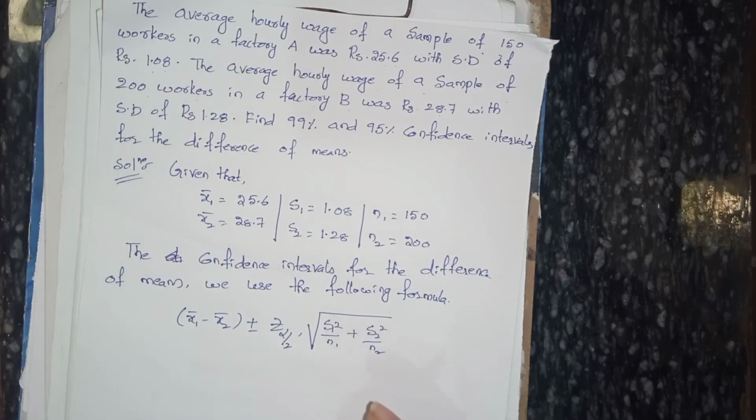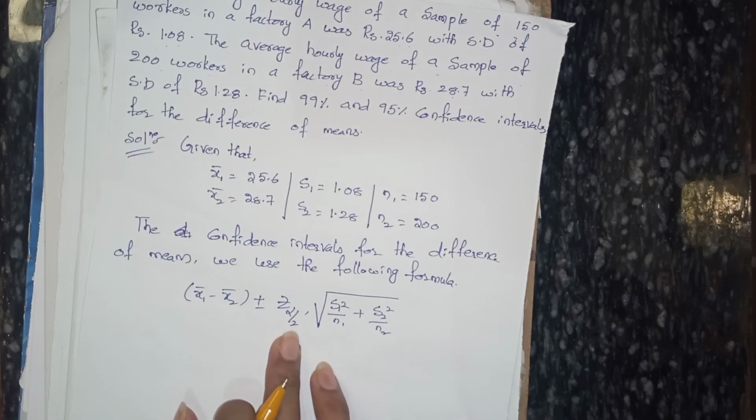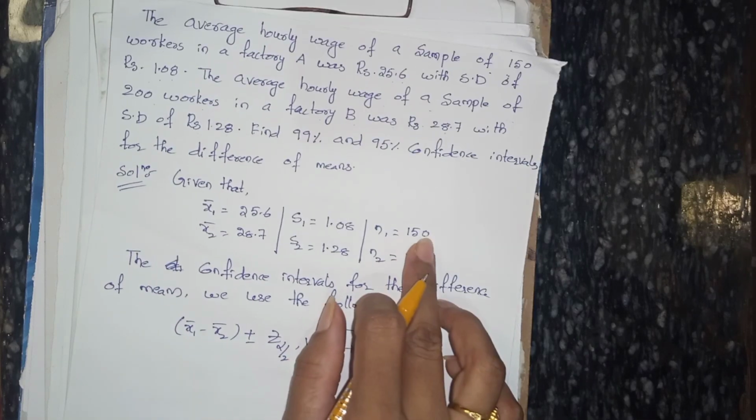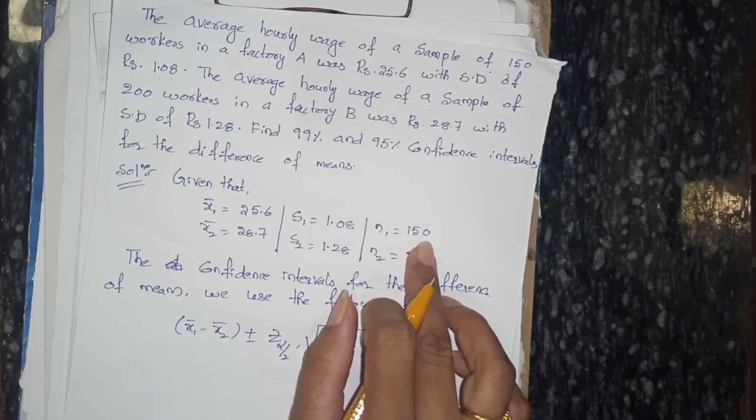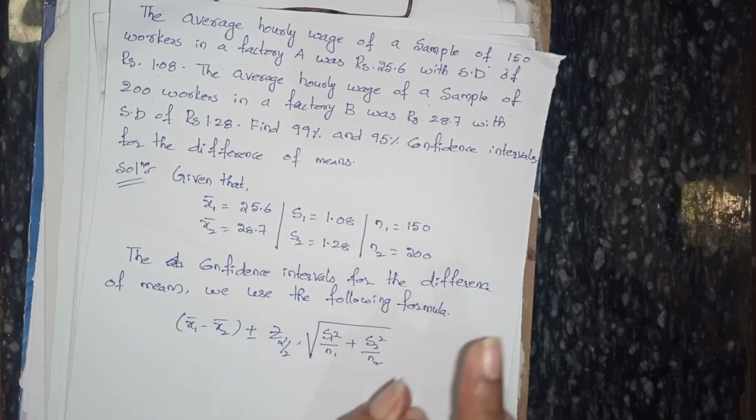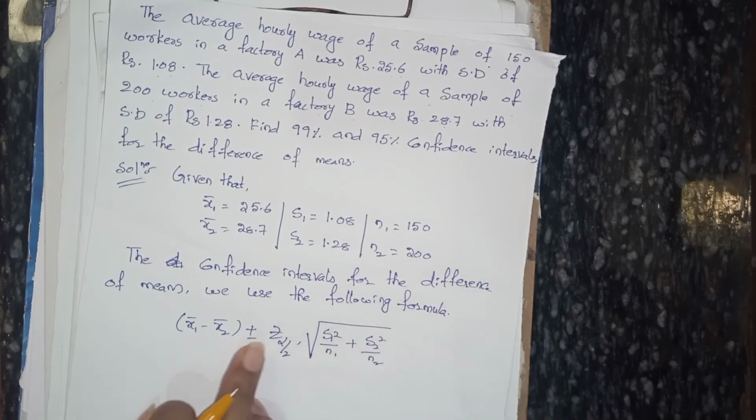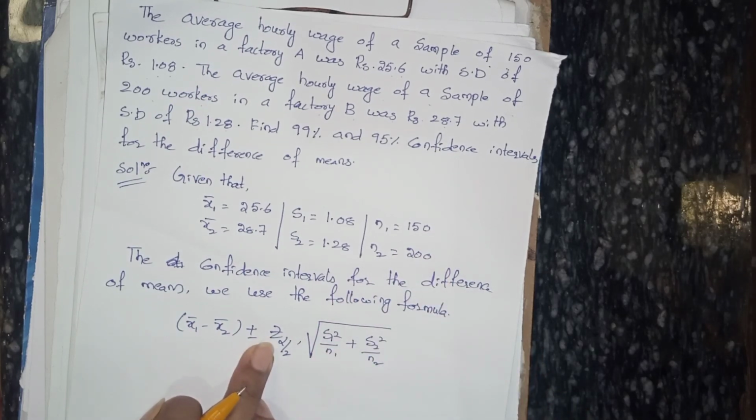Here, if you observe, we are not using any degrees of freedom. Why? Because the sample size is greater than 30, so it comes under a large sample. That's why we use the normal distribution, the Z-test.